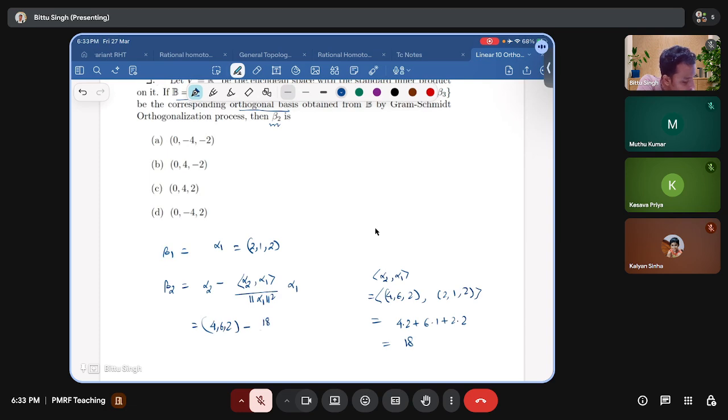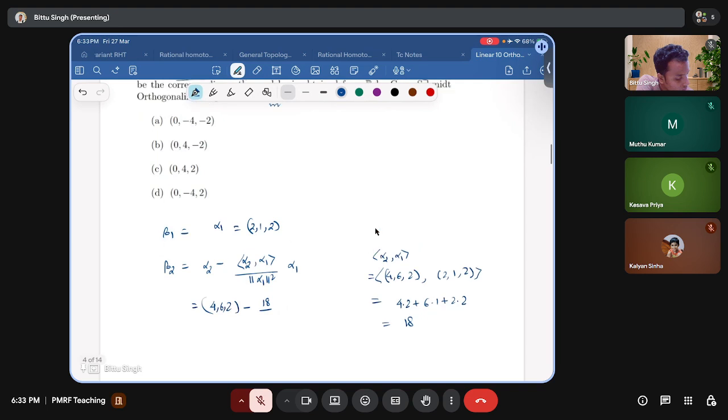Minus 18 divided by the norm of alpha 1 squared. The norm of alpha 1 squared is alpha 1 inner product alpha 1, so this is 2 squared plus 1 squared plus 2 squared, which is 9, times (2, 1, 2).